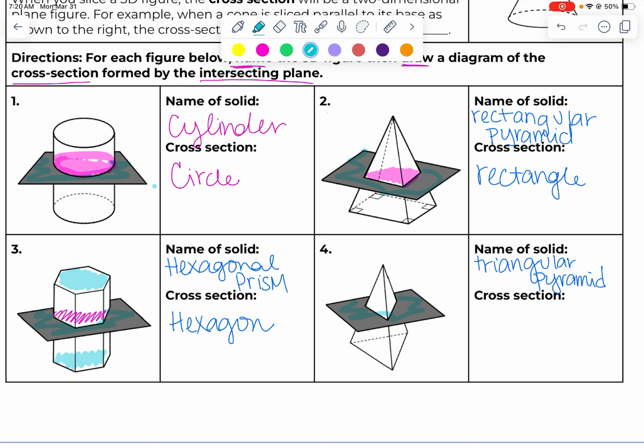Okay, so this one, it only has one base, this base here at the bottom, and it is in the shape of a triangle, so it's a triangular pyramid. For the cross section, it's intersecting parallel to the base, so it is the same shape as the base, which is a triangle. If you have any questions, write them down and let me know tomorrow.